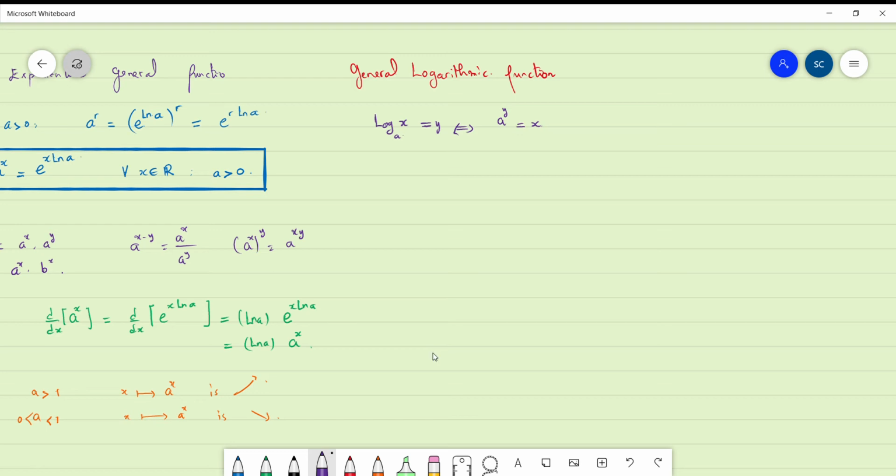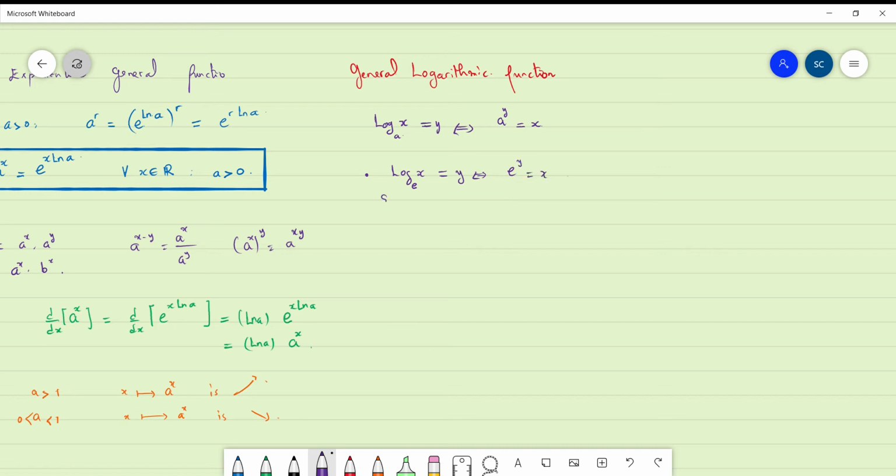Let's remark in particular how to deduce it. y equals log base a of x is equivalent to a^y equal x.